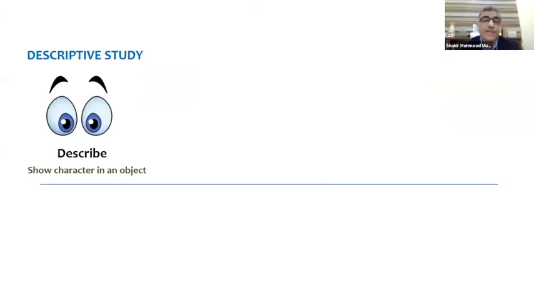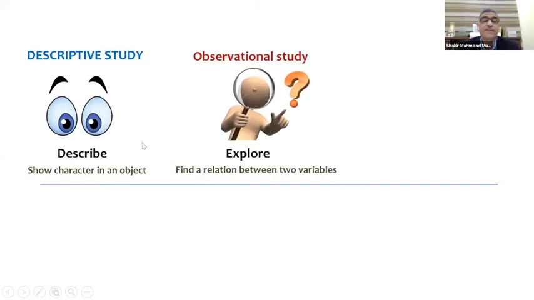When we want to study anything, we can just describe this object in a descriptive way. And this is the first part of study design, the descriptive study, in which we just describe the object.